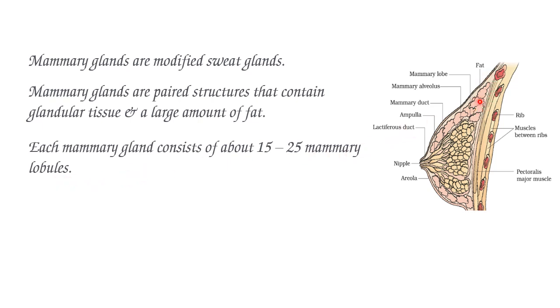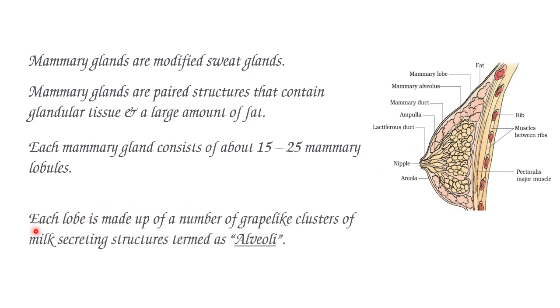So now let's see the diagram. So this part is called the mammary lobe. So these 15 to 25 mammary lobes are present in a mammary gland. Each mammary lobe is made up of grape-like clusters of milk-secreting structures called alveoli or mammary alveoli or alveolus.